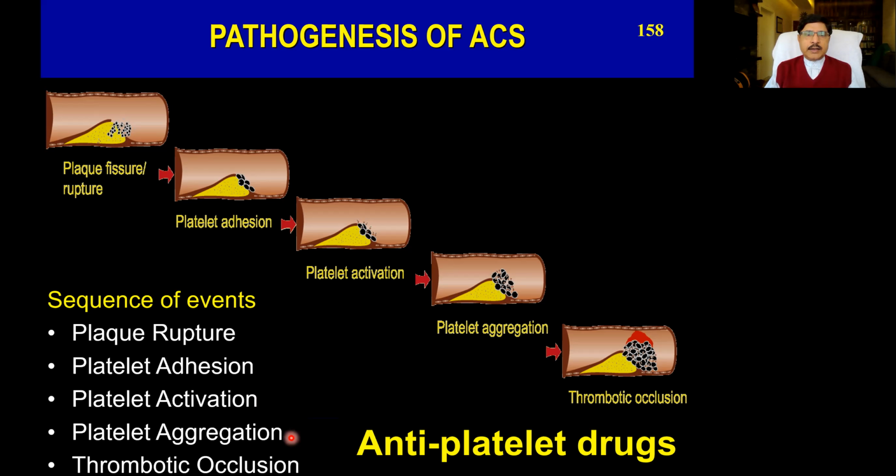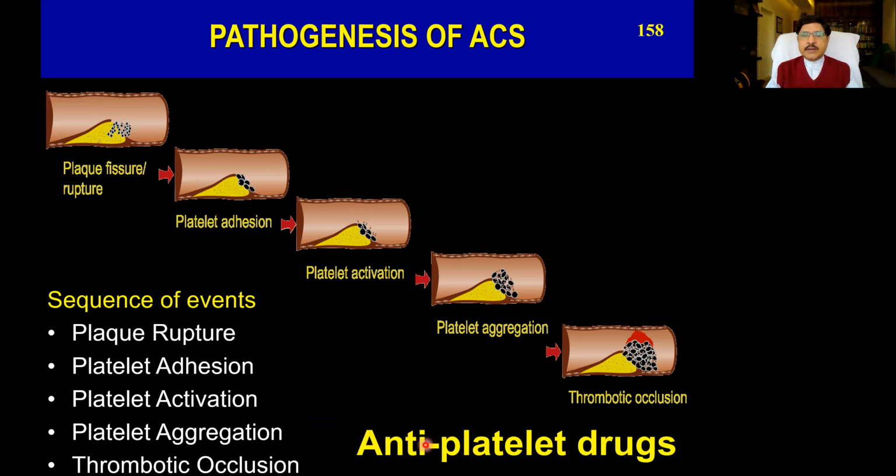That leads to platelet aggregation and cellular accumulation, and also triggers the thrombotic event within the coronary, and that leads to thrombotic occlusion. So now you remember how important antiplatelet drugs are, because fundamentally they will stop platelet adhesion, then stop platelet activation, stop platelet aggregation, and ultimately prevent the end result of thrombosis.